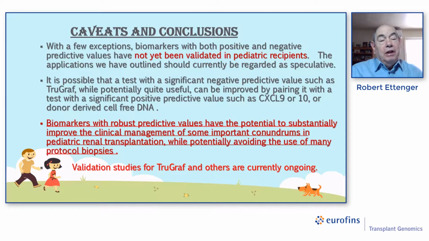But most importantly, biomarkers with a robust predictive value have the potential to substantially improve the clinical management of some important conundrums in pediatric transplantation that we all have been faced with for a lot of years, and have to answer the questions with protocol biopsies.